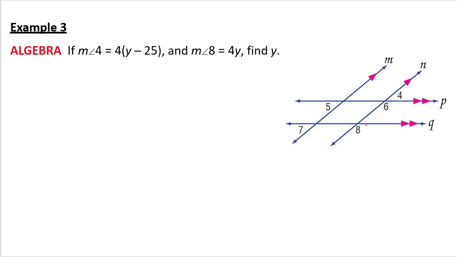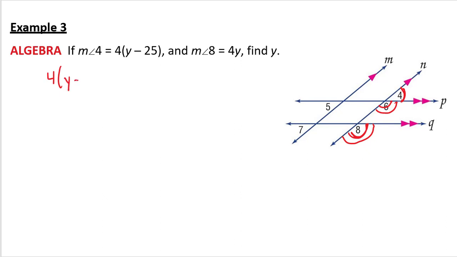Same picture, now I'm given angle 4 and angle 8. This one kind of got me because there is no technical special angle pair, but angle 8 and angle 6 are congruent, and we know 4 and 6 add up to 180 degrees.